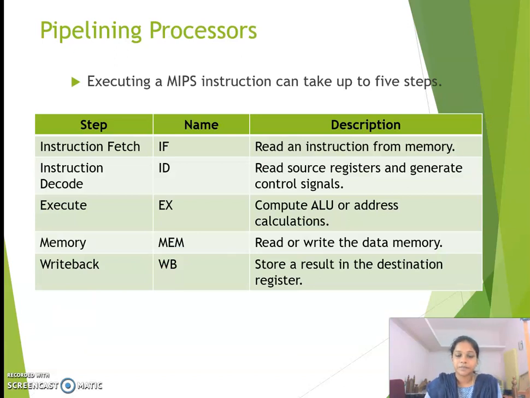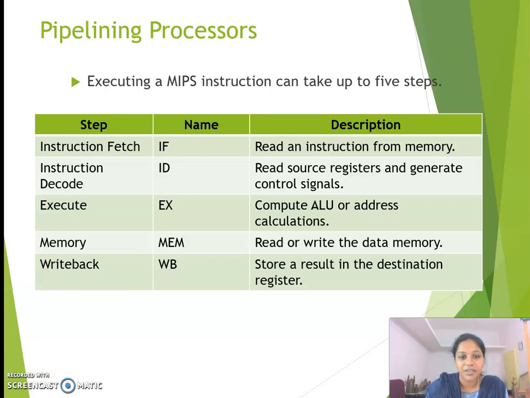Now let us see how the hardware pipeline, how the instruction pipelining is being done in the CPU. Okay, so MIPS instruction. MIPS is an example of an instruction set architecture. MIPS instruction execution can be divided into these many phases. We have seen this in lecture 1 itself, how components of the CPU execute an instruction.